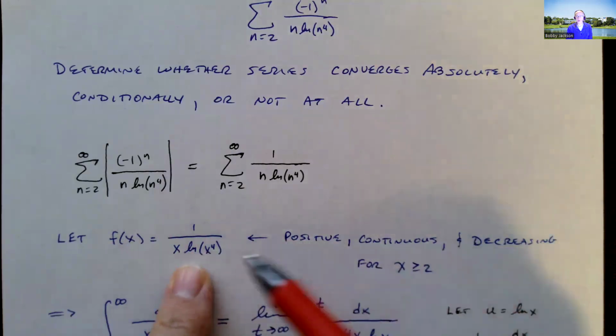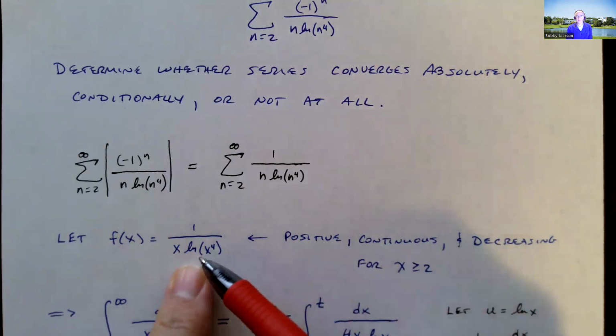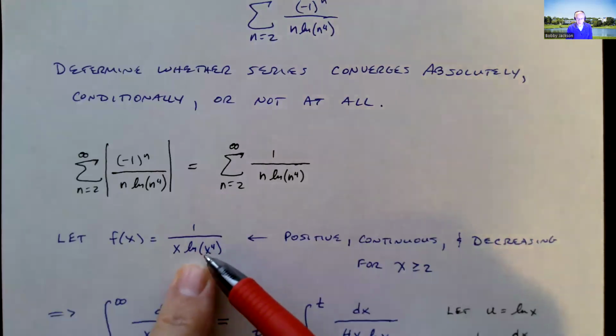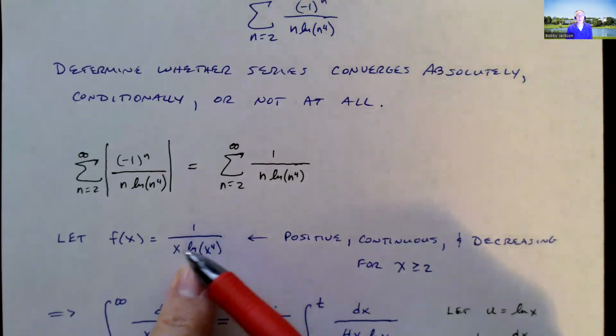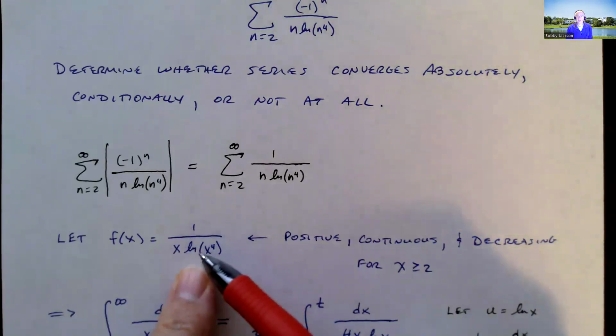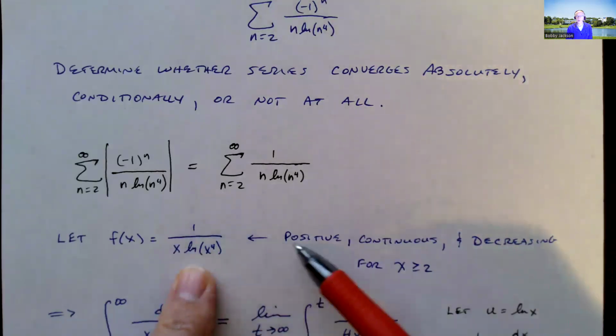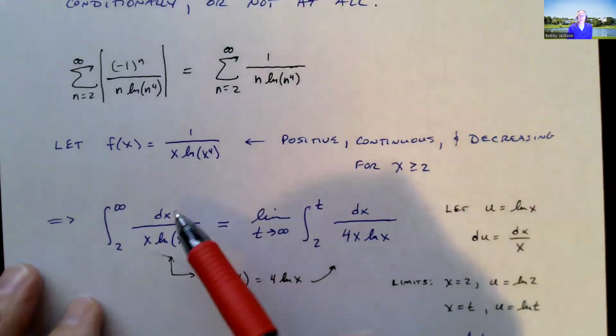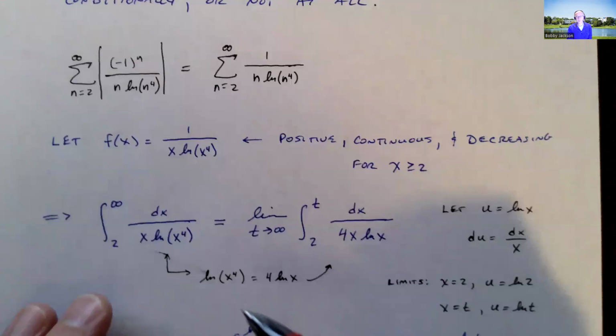And then decreasing, it's true because both x and the natural log of x to the 4th are increasing functions, and so 1 over this product is going to get smaller and smaller. So this is true, and so we can integrate this from 2 to infinity.